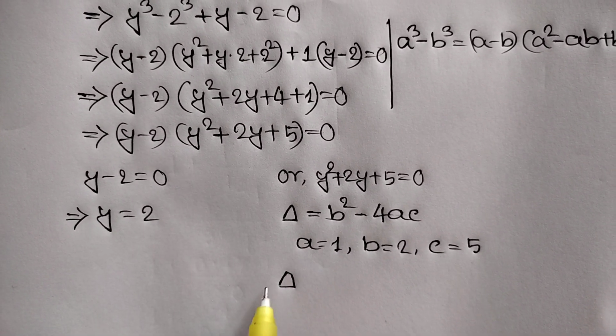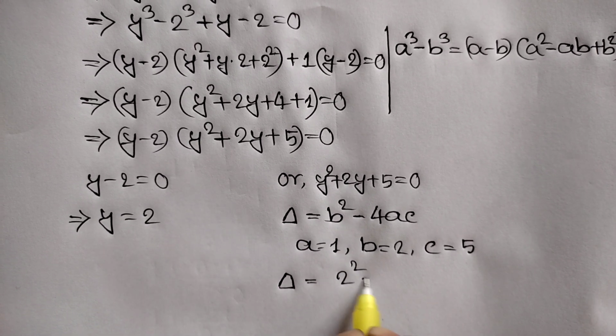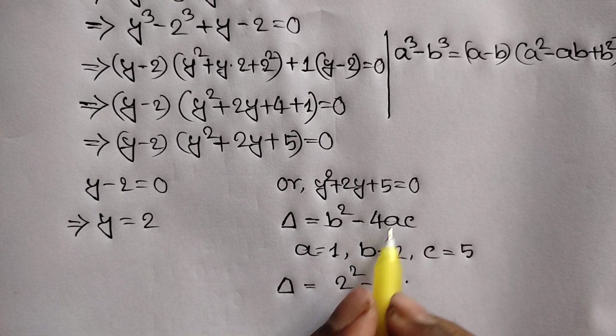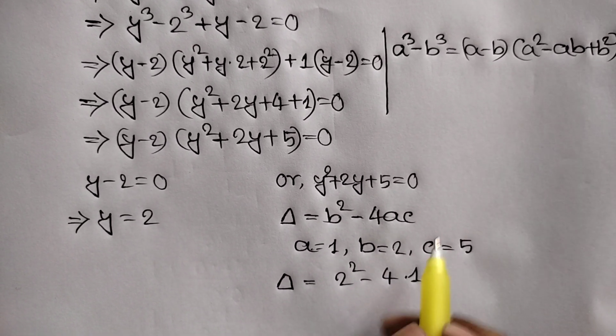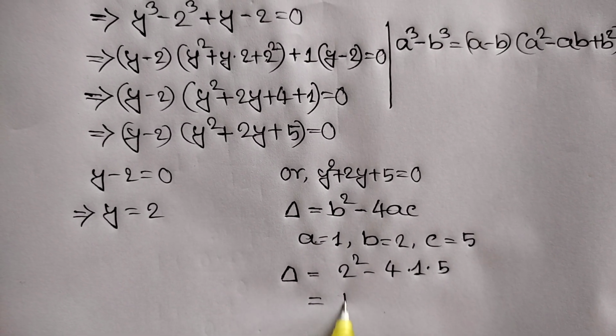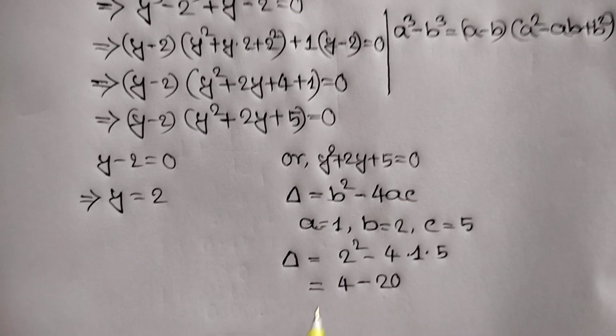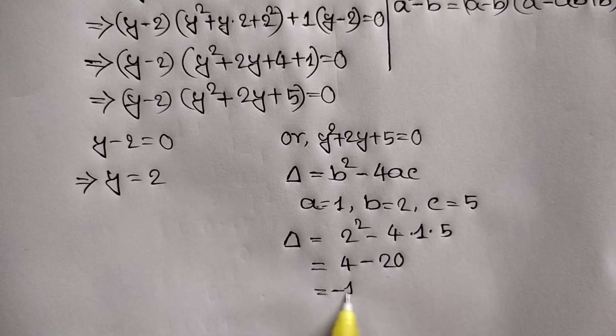So del is equal to b square, that means 2 square, minus 4 times a, that means 1, times c, that means 5, is equal to 4 minus 4 times 1 times 5, which is 4 minus 20, is equal to negative 16.